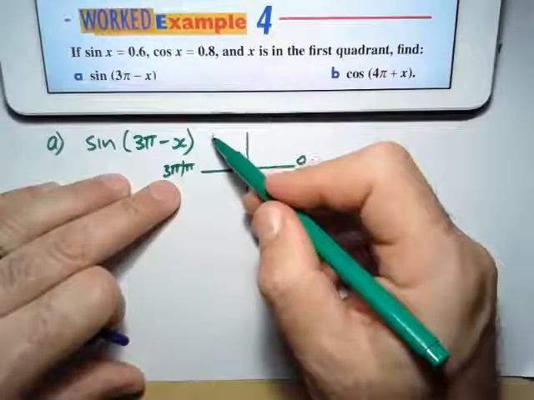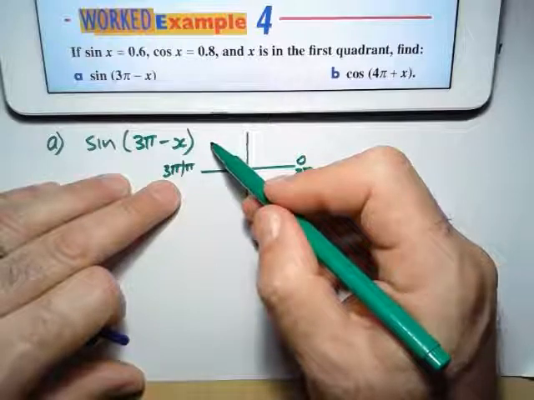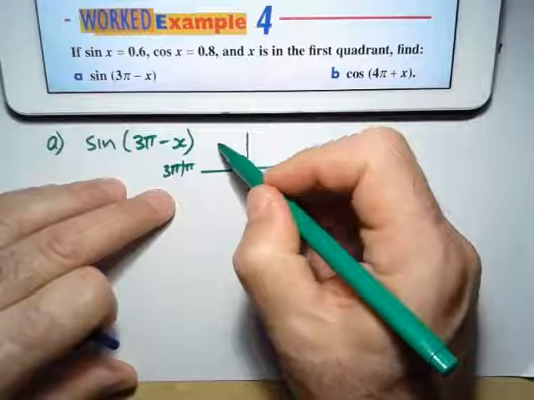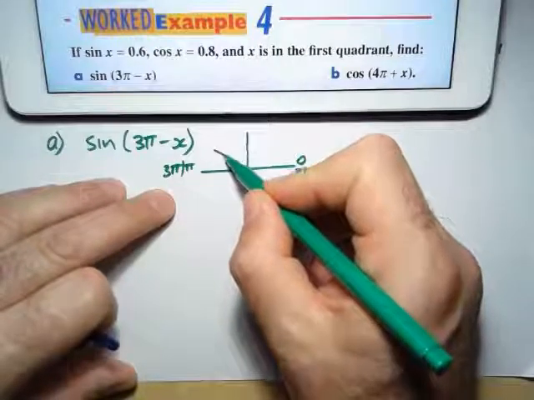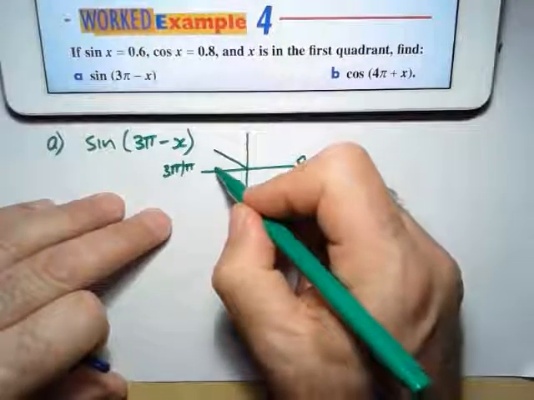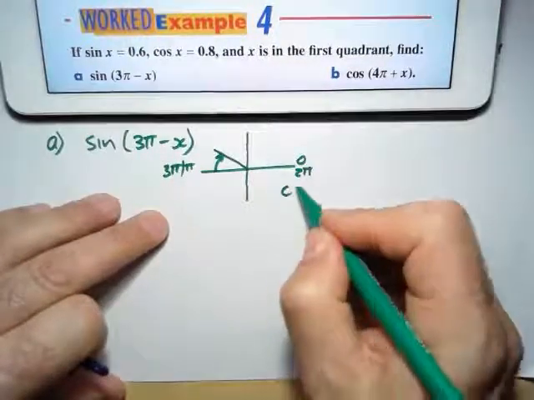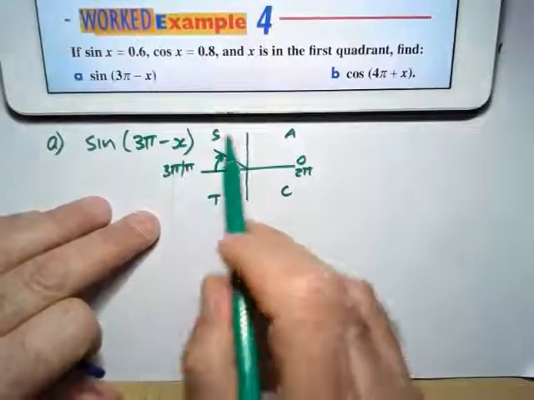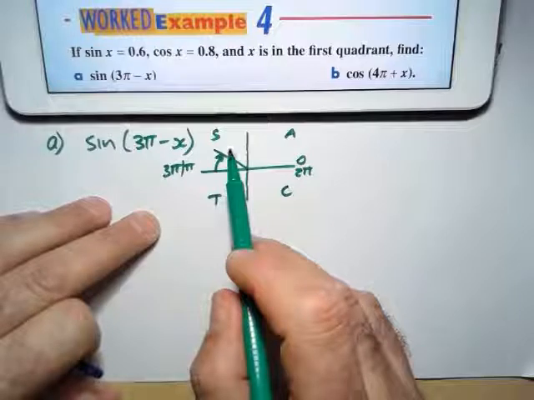So 3 pi minus x, and x is in the first quadrant, which means it's an acute angle, then it will be in there. Okay, so if I have my CAST, 3 pi minus x is just going to end up in our second quadrant.